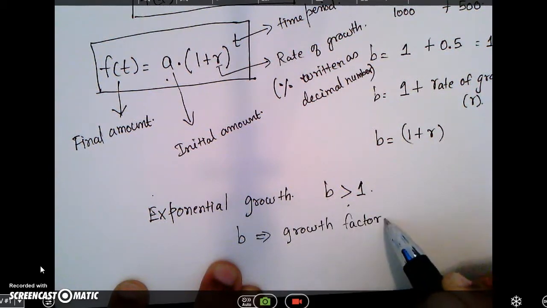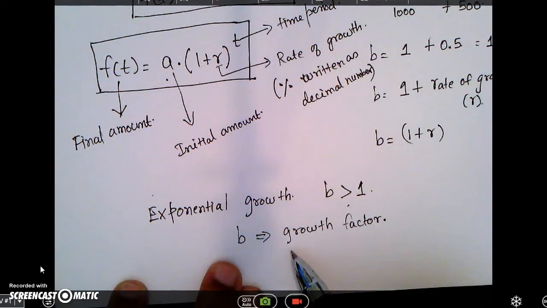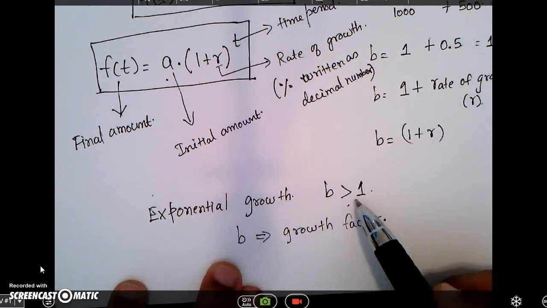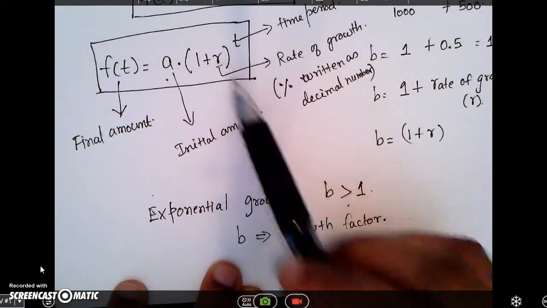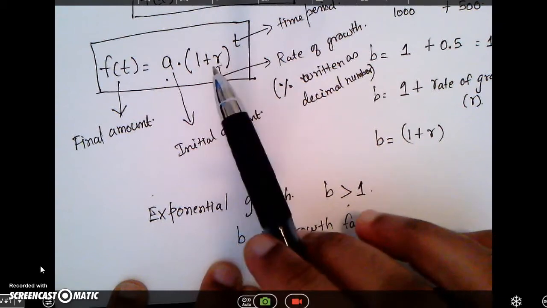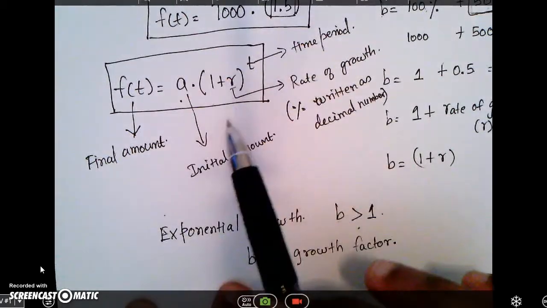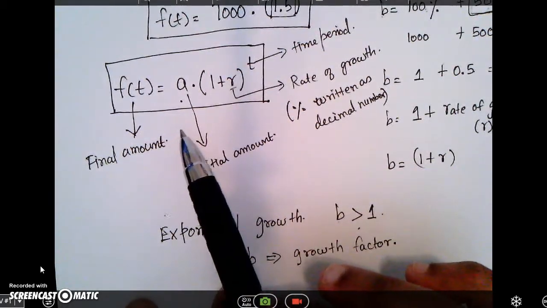We saw that it is a multiplication factor, right? So in this case, specifically, it is a growth factor, so it has to be greater than 1. And that's why I'm adding the percentage growth to 1 to get my growth factor. So this is a general equation for your exponential growth function.